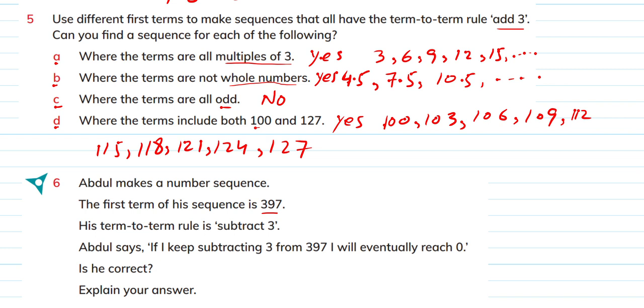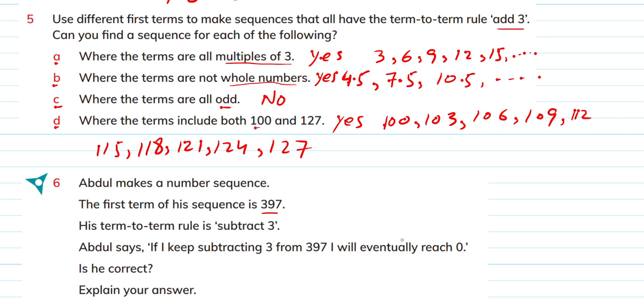You cannot reach a number which is a multiple of 3. Okay? 0 is a multiple of 3, but 397 is not a multiple of 3. So if you minus 3 every time, you will not be able to reach a multiple of 3, because 0 is a multiple of every number. Remember that. Okay? Got it?